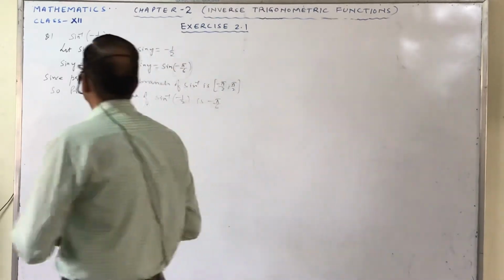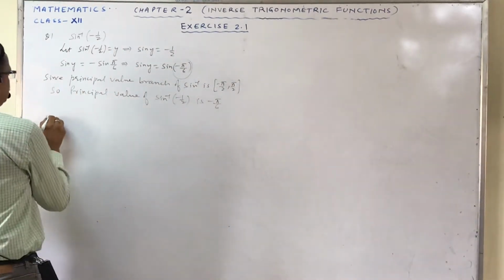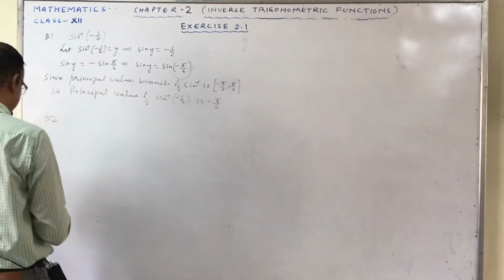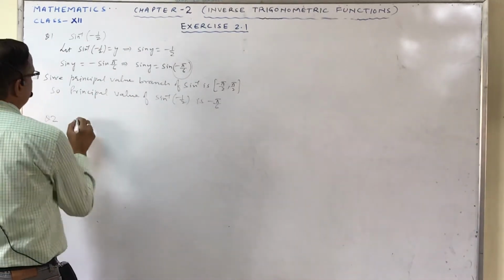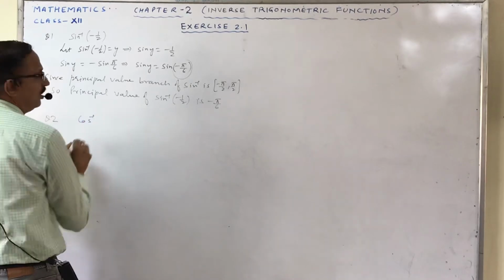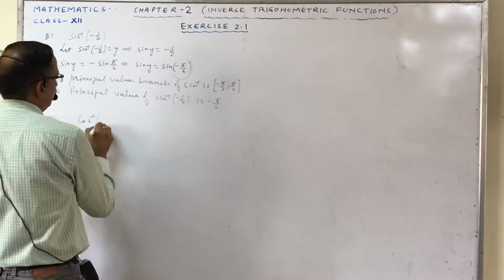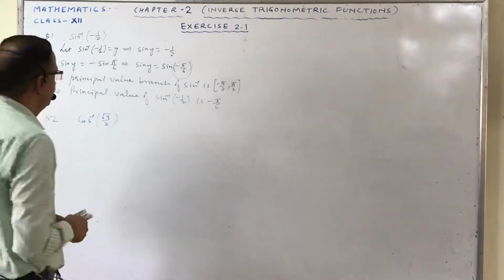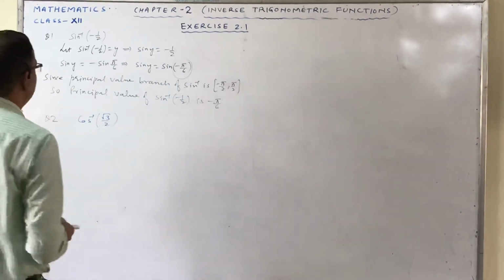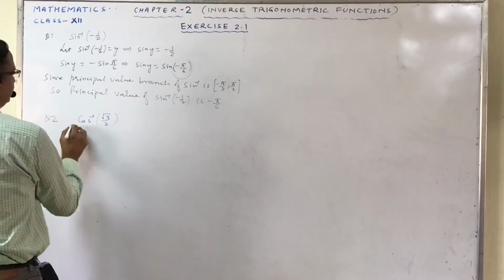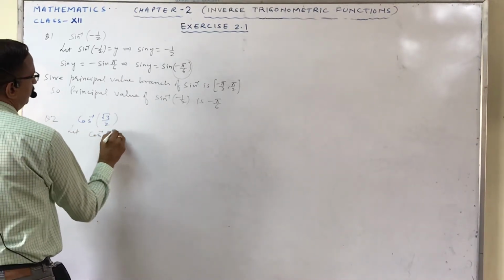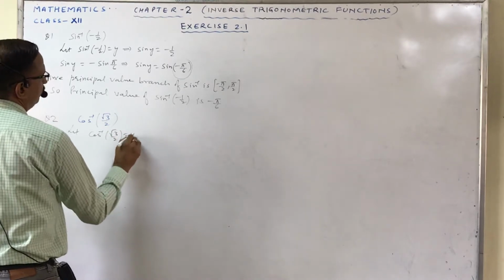Now come to question number 2. In question number 2 we have the function cos inverse root 3 by 2. So the same procedure we will apply. Let cos inverse root 3 by 2 equal y.